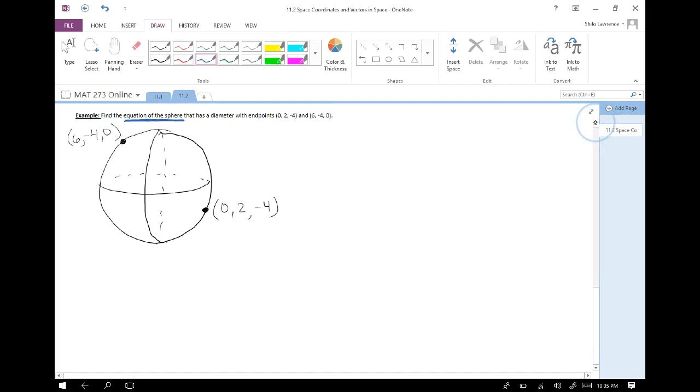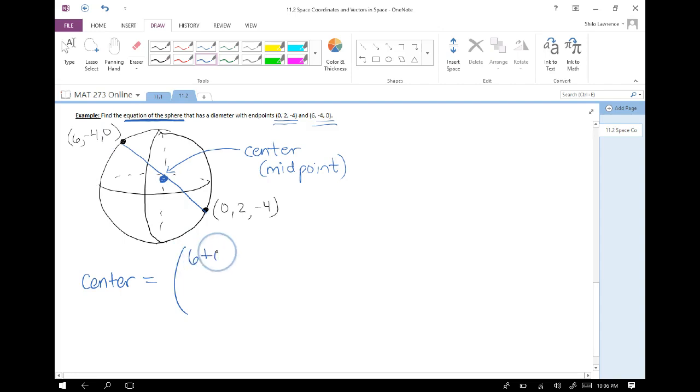You might also remember that exactly halfway in from the diameter is the center. So the center is technically the midpoint between those 2 points. So we can find the center just by doing the midpoint formula. So our center is going to be at the average of all of those coordinates.